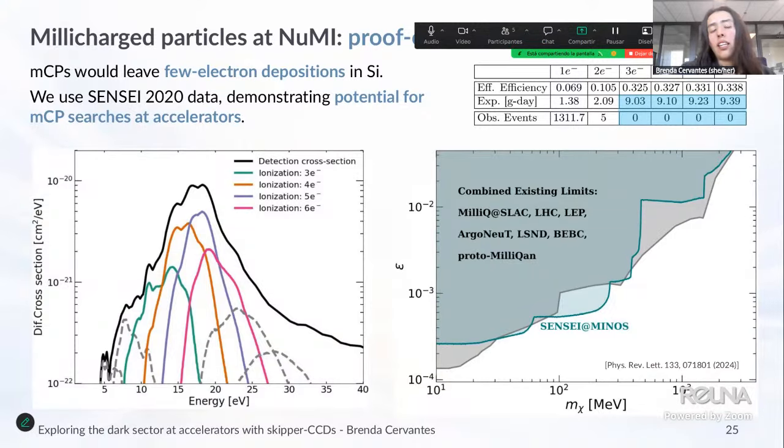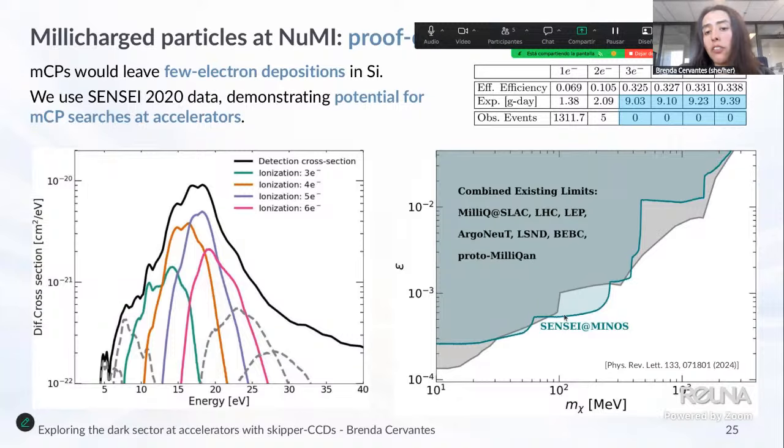So using the data collected in 2020 for the light dark matter search, we now search for a few electron depositions, between 3 to 6 electrons, where we have the highest cross section for these kinds of particles in the data, and we were able to place constraints on the Millicharged parameter space.